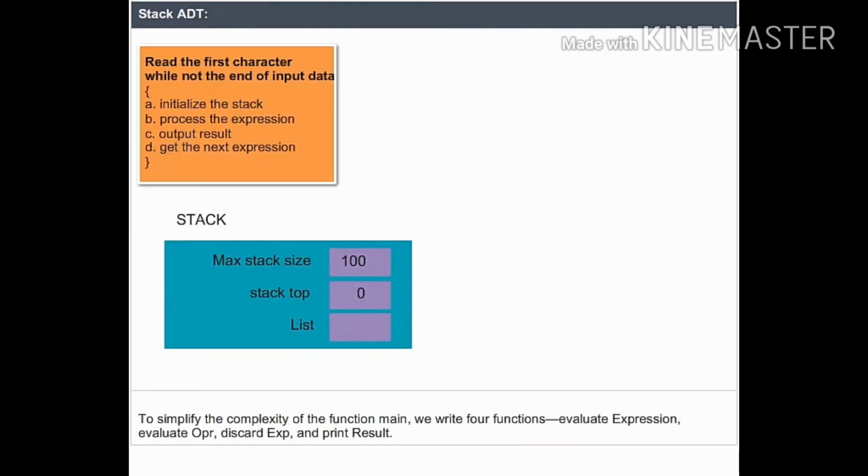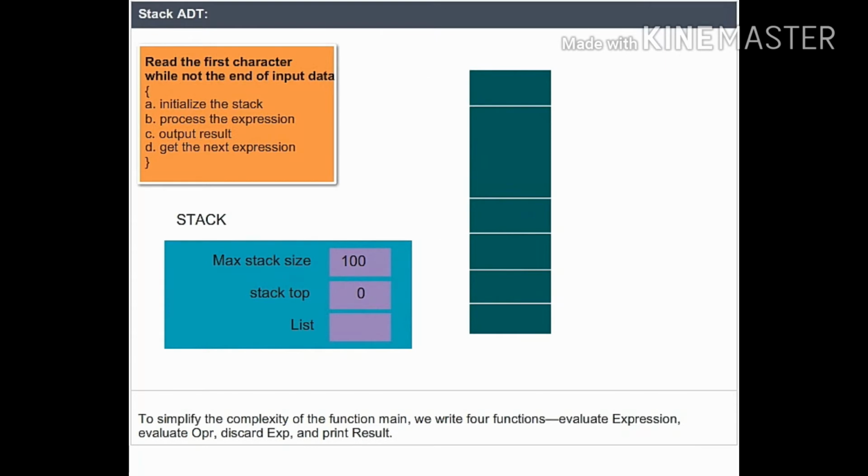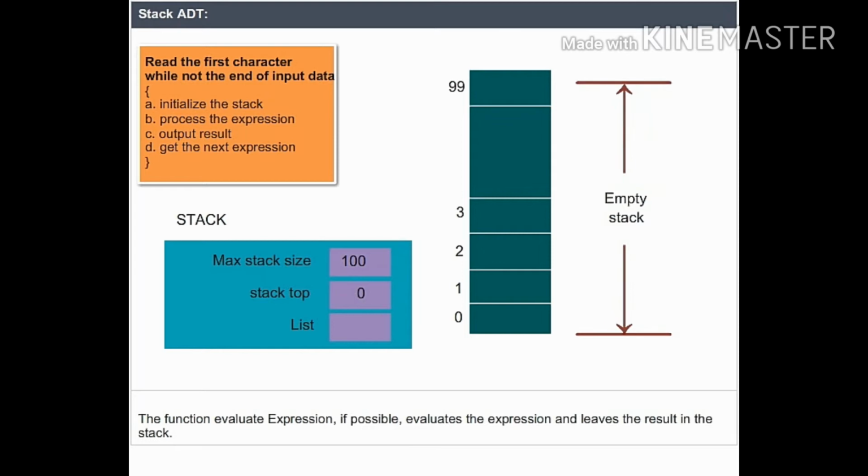To simplify the complexity of the function main, we write 4 functions: evaluateExpression, evaluateOperations, discardExp, and printResult. The function evaluateExpression, if possible, evaluates the expression and leaves the result in the stack.